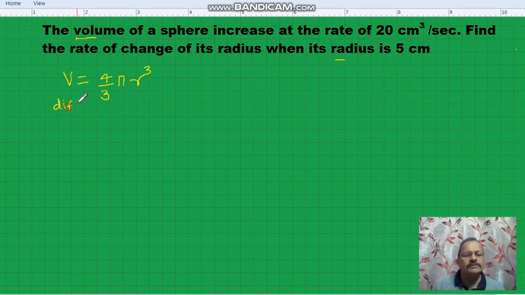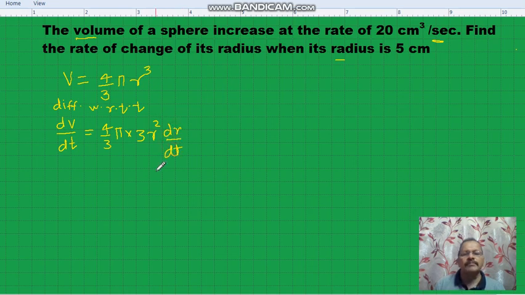Differentiating with respect to t, because the rate of change of volume with respect to time is given here. dV by dt is equal to 4 by 3 pi into derivative of r cube with respect to time, it is 3 r square into dr by dt.